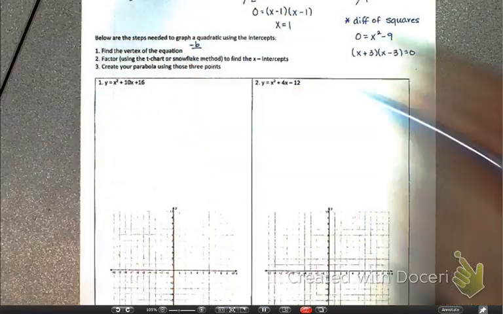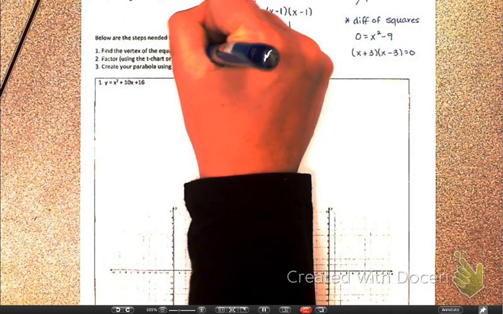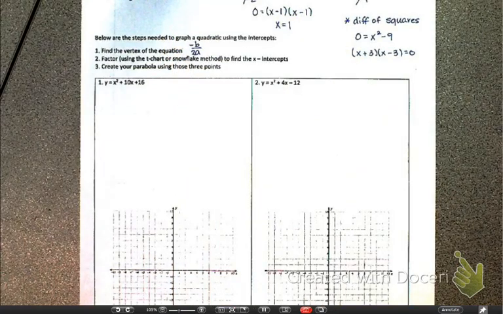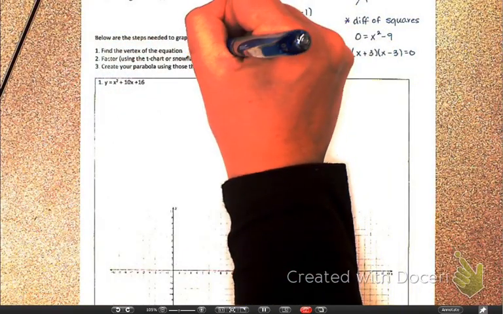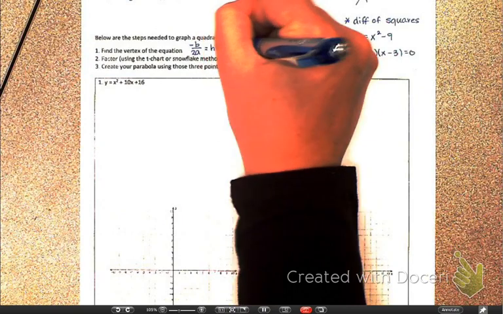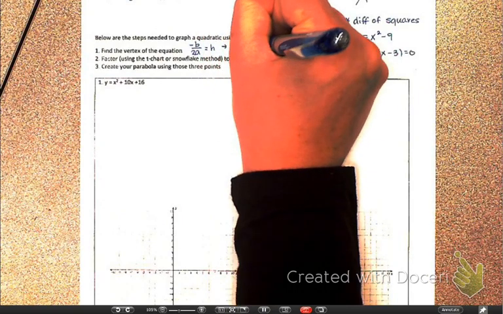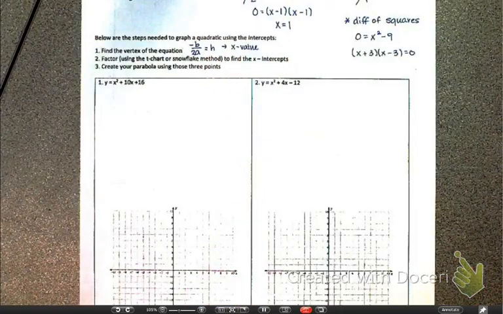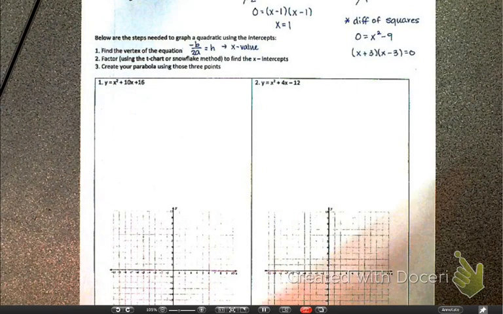Negative b over 2a. That still applies. When we use negative b over 2a, what did that actually find for us? So h, or the x value of the vertex, right? And then we took h, or that value, and plugged it back in to find y. Agreed? Okay.